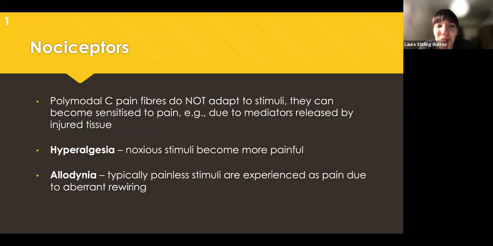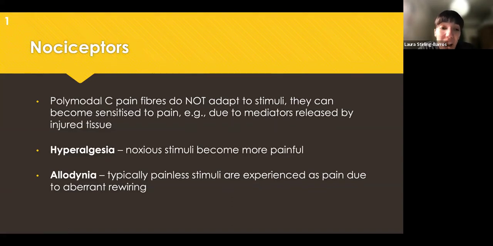So, as we said, the nociceptors, the C fibers, do not adapt, but they can become sensitized. So with the chemical soup, like bradykinin, etc., that you don't have to know the detail for part A, then you can get more sensation of pain. That's known as hyperalgesia. So the painful becomes more painful.